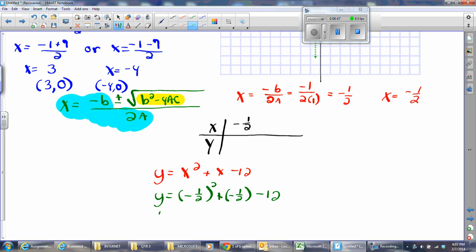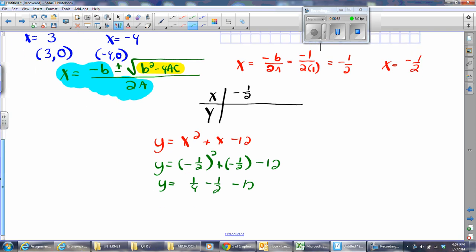And when I do that, I'm going to get y equals 1/4 minus 1/2 minus 12. Now, to make this easy, if I add 1/2 minus 1/4, I'd have 1/4 left, right? This is going to simplify to negative 1/4.